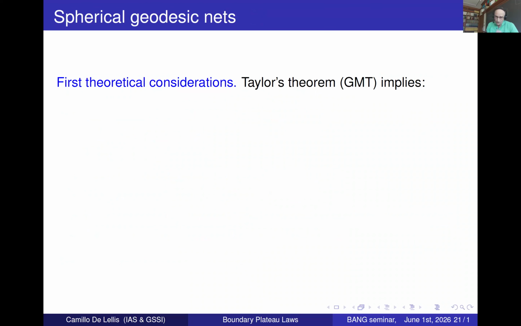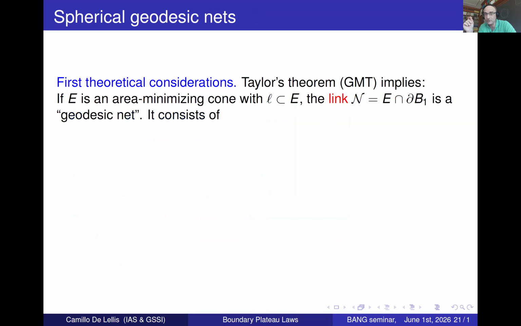So the first theoretical consideration is that because you have Taylor's theorem, if you pick a point which is away from the boundary line, because you have the conical structure, which makes you invariant under dilation, at every such point you have a half line joining your point to the origin, which is inside your cone.